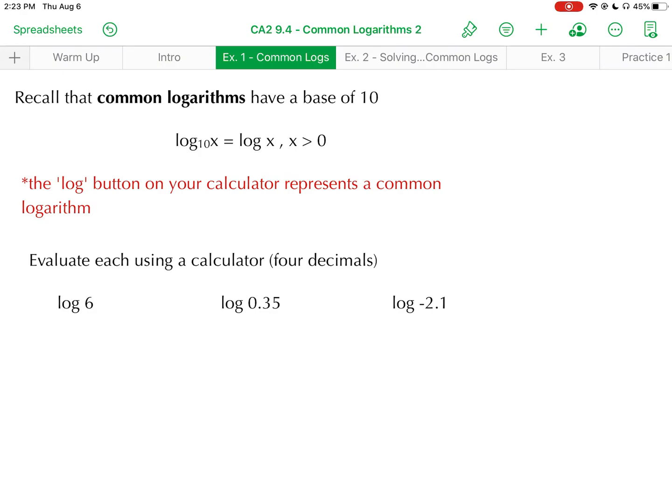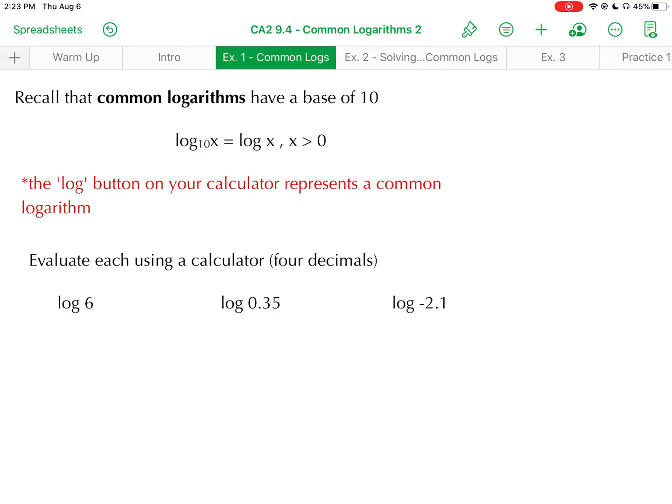And the nice thing about common logarithms is that our calculators have a log button on them that represents a common logarithm. So that means our calculators can be used to evaluate these types of logarithms. So let's evaluate each of these on a calculator to 4 decimal places.